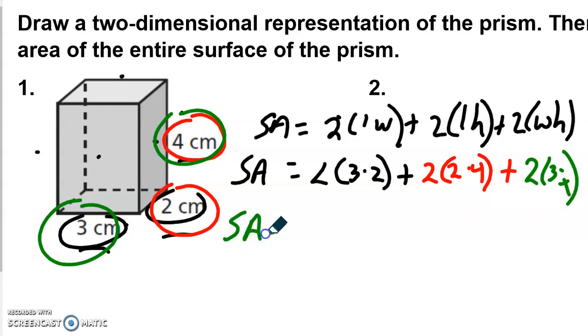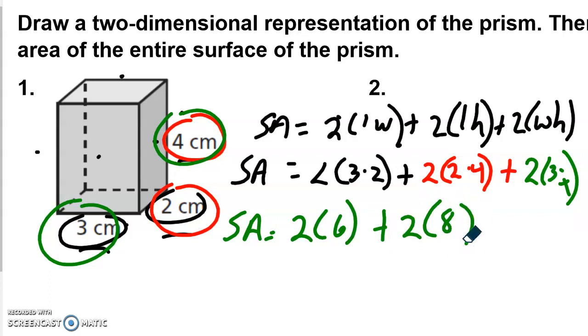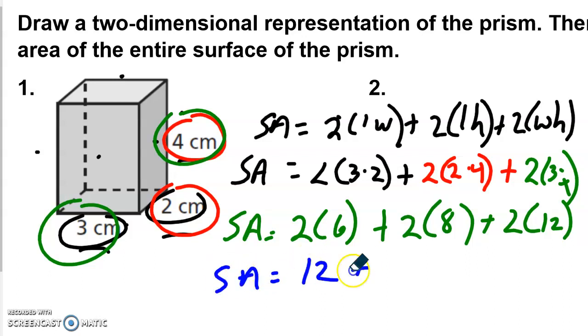So next I have 2 times 6 plus 2 times 8 plus 2 times 12. Change my color. So that means that finally our surface area is going to be 12 plus 16 plus 24.